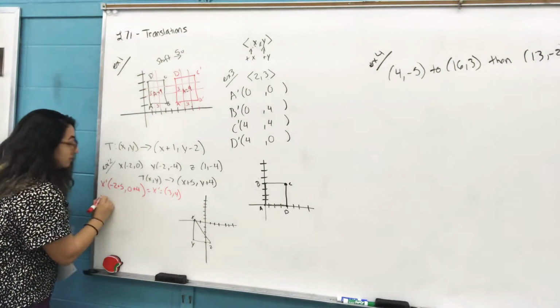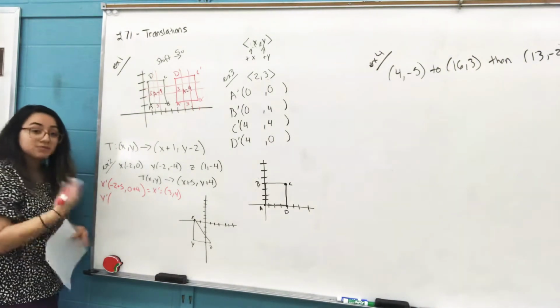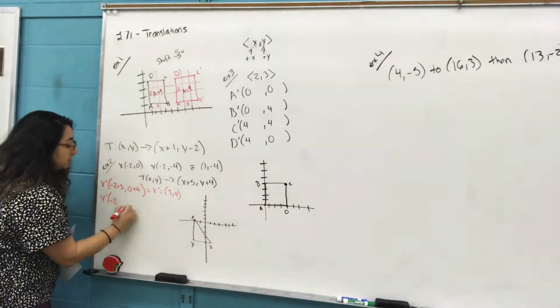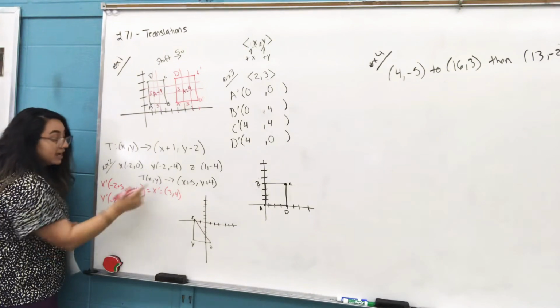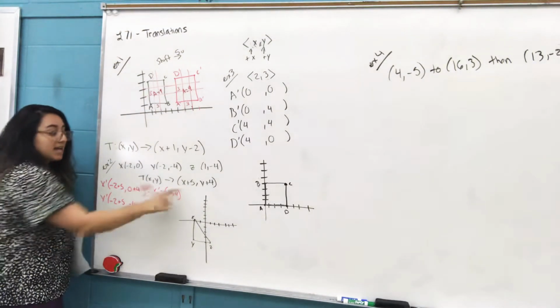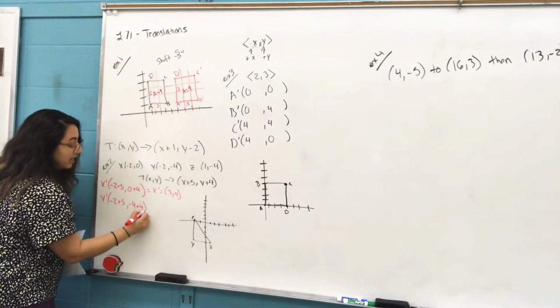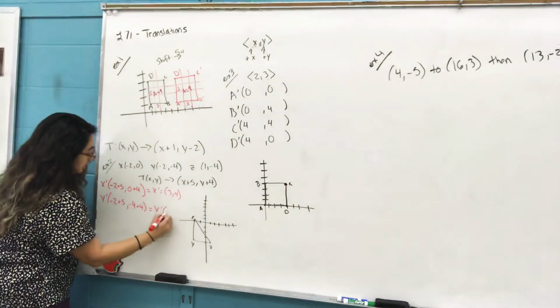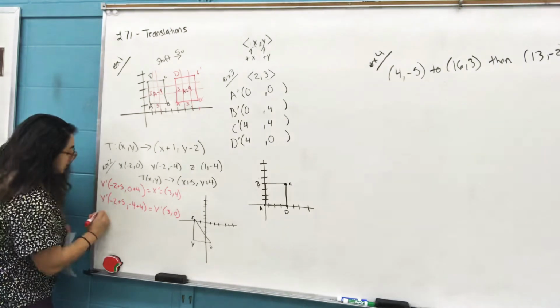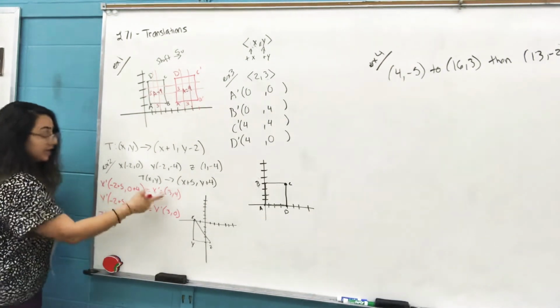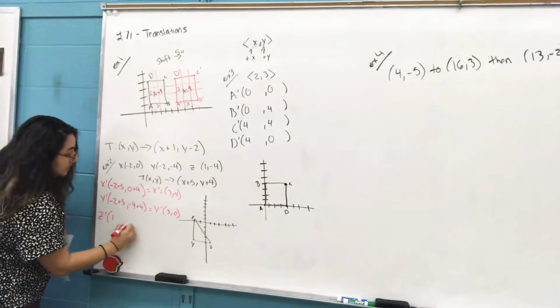Next one, so I'm going to add that comma because I'm translating it. I have -2 and -4. According to this, I'm adding 5 to the x, I'm adding 4 to the y. So now my new coordinate is 3, 0. Next one, z. I have z as 1, -4.